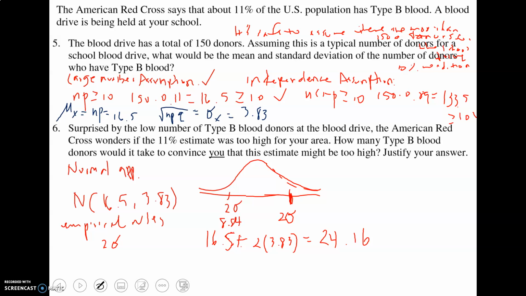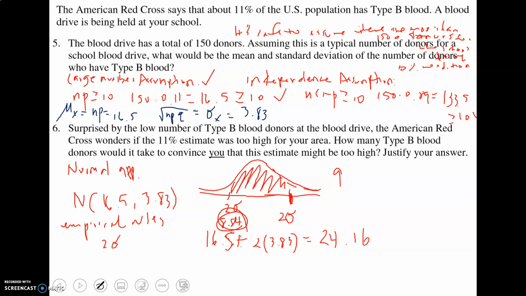So it's asking how many type B blood donors would it take to convince you that this estimate might be too high, right? If I have anywhere between 8.84 and 24.16, then I can be convinced that the 11% might be okay. So anywhere below 9-ish, I know 9 is not exact, but 9 is the closest number.